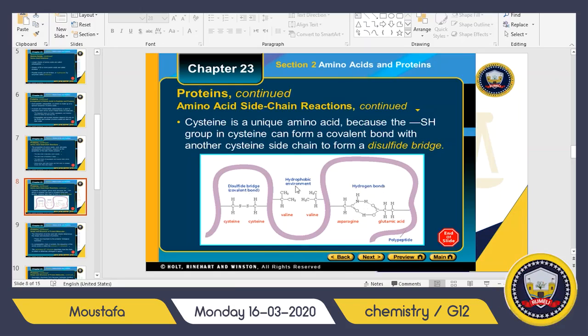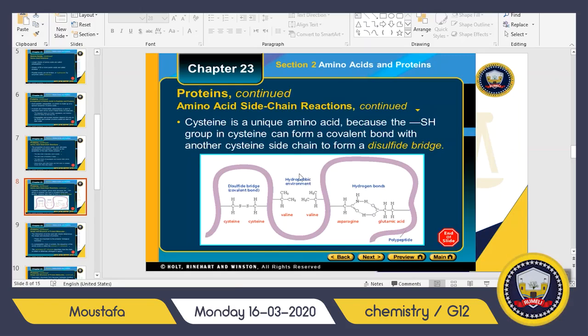Between these two types of bond, we have a hydrophobic environment. What's the meaning of hydrophobic environment? Hydrophobic is composed of two parts. The first one is the prefix, hydro, which means water.